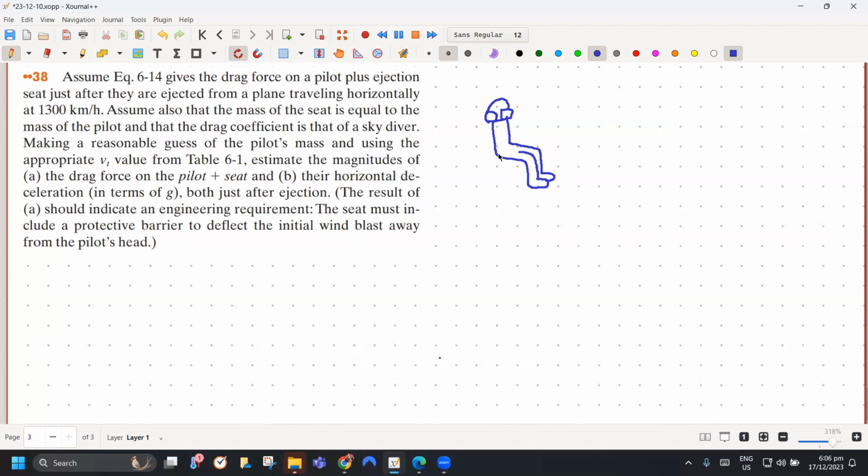So what happens is, aside from falling down, there is also a horizontal acceleration. So m a_x equals... skydiver, raindrop.